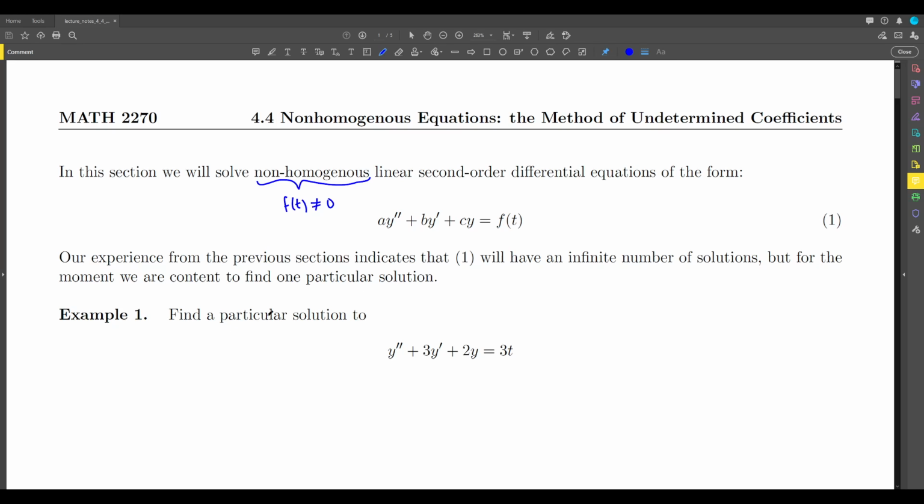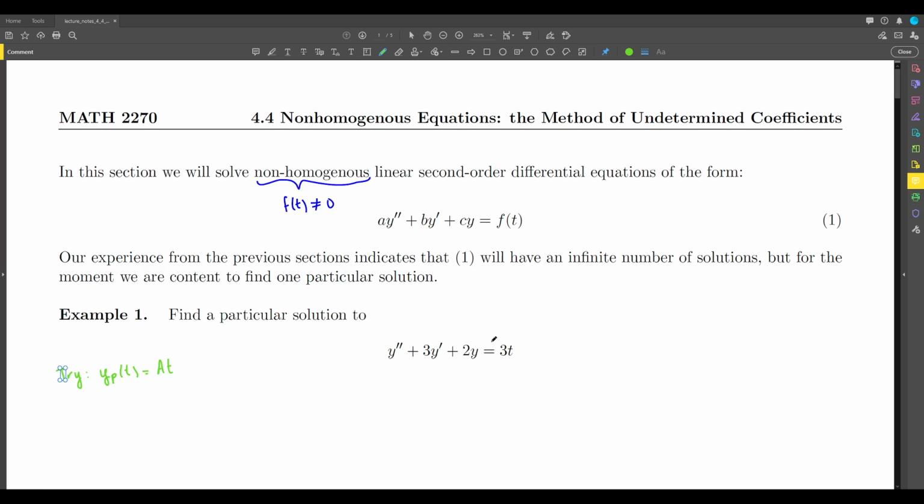So in example 1, we're going to find a particular solution to the differential equation y'' + 3y' + 2y = 3t. The way we're going to do that is by taking an educated guess. We're going to try yp(t) = at.